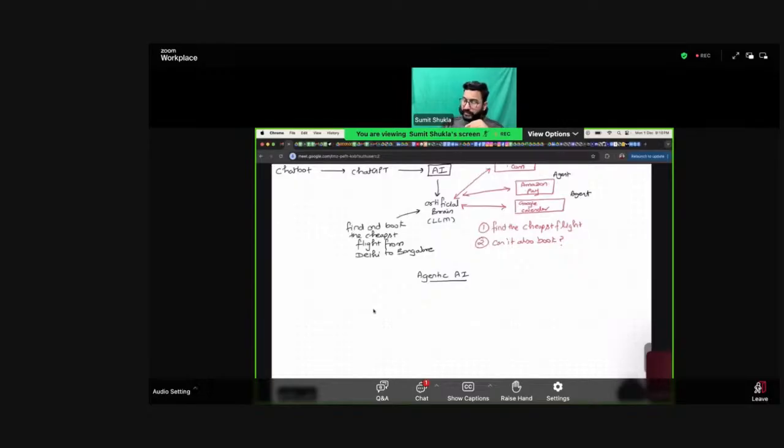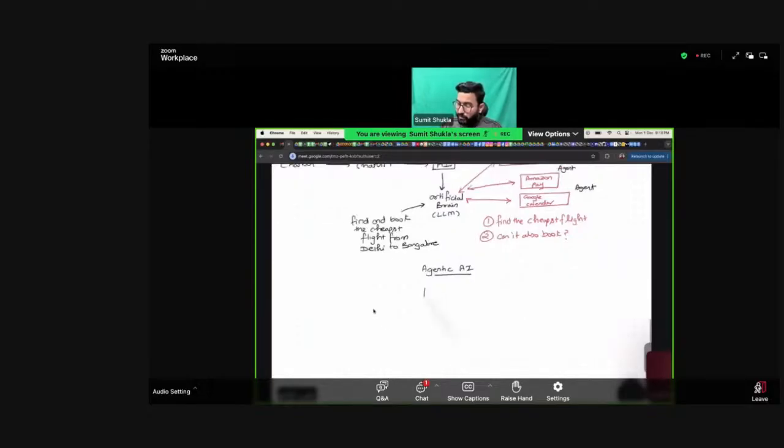So let's say I have a particular LLM, and this LLM is connected with the internet also. This LLM is connected with the weather API, weather data or weather tool also. This is connected with a calculator also. This is connected with, let's say, flight search also. This is connected with booking.com also.